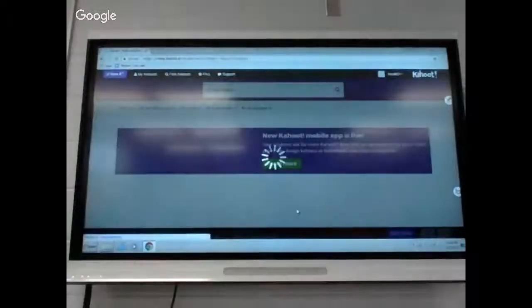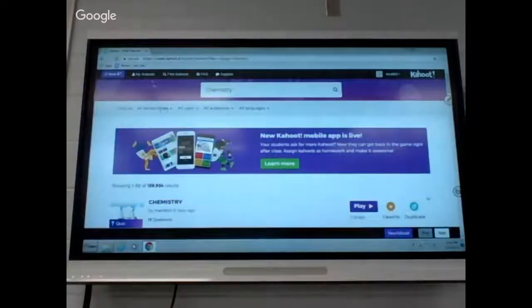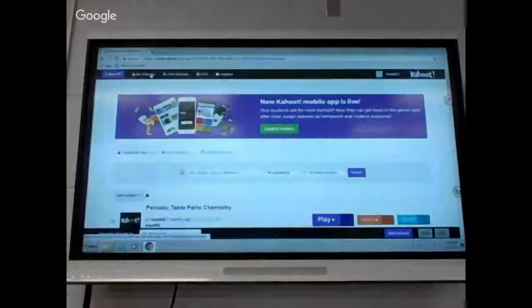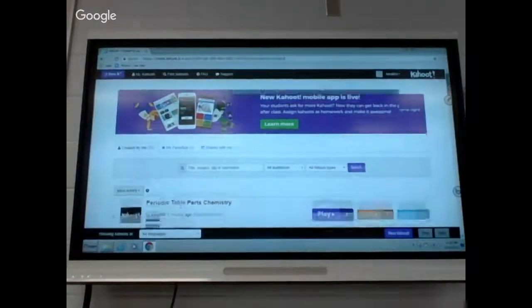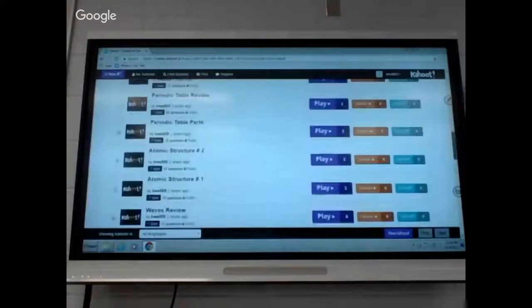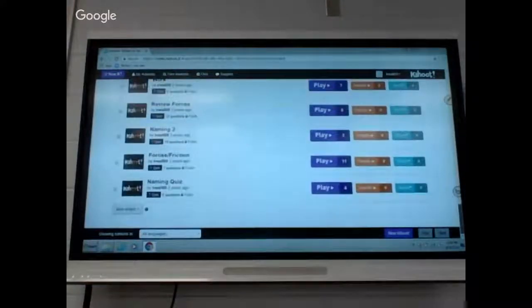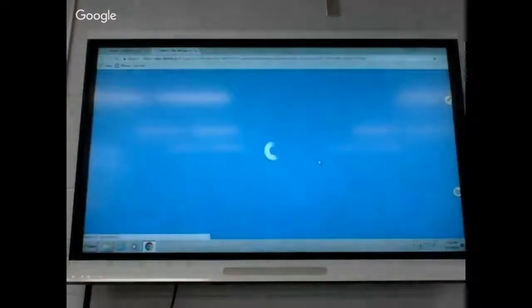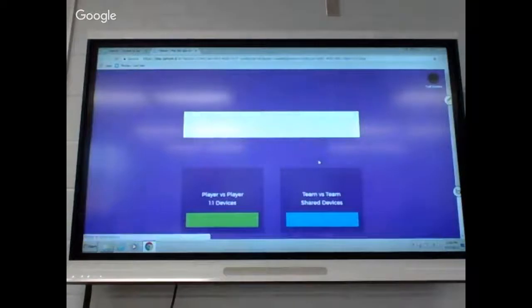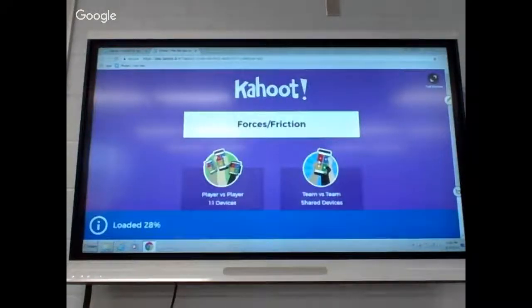I just want my Kahoots. I don't want any of the rest of the stuff. Oh, you lost it? Yes, I did, finally, after I got through customizing that it wouldn't let me pass.